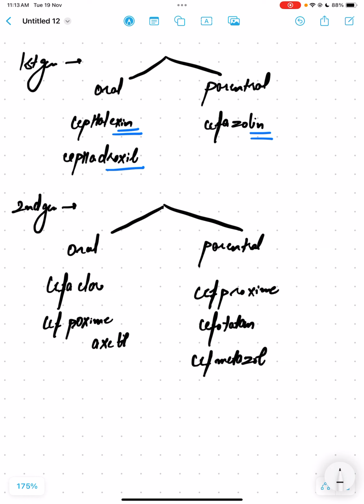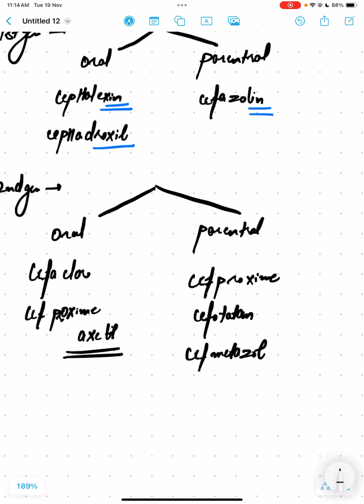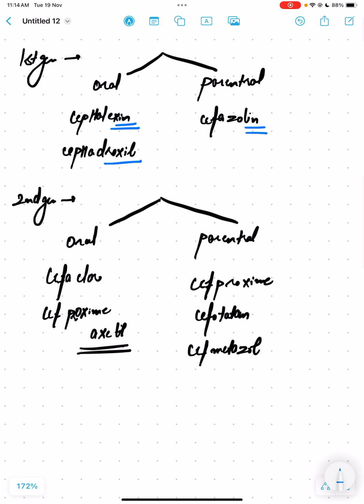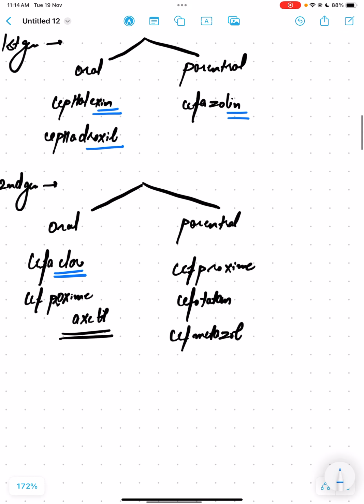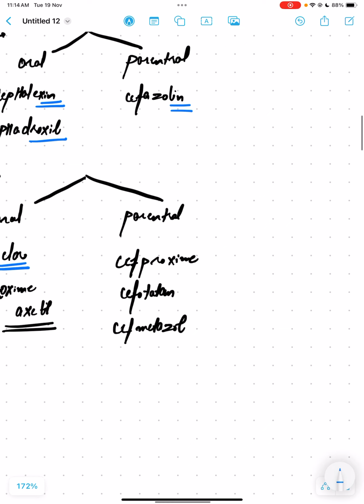It is also cefuroxime, but in the case of oral, it is cefuroxime axetil, while in the case of parenteral, it is only cefuroxime. You can also remember the second generation oral with the word "clor" here, and parenteral you can remember with "tetan" and "meta".